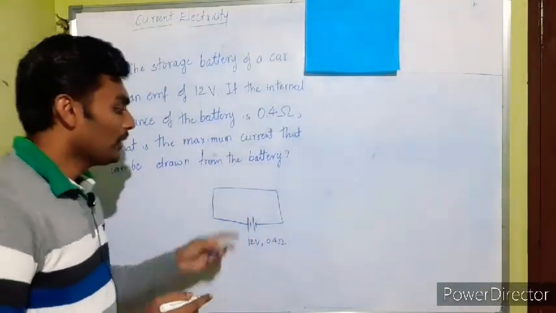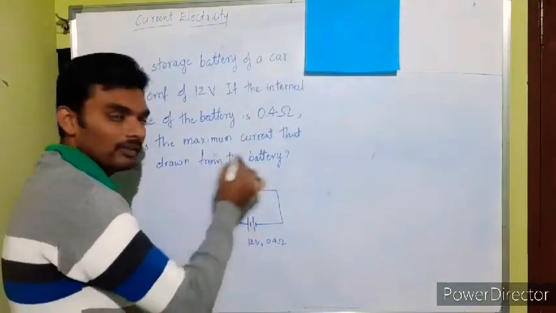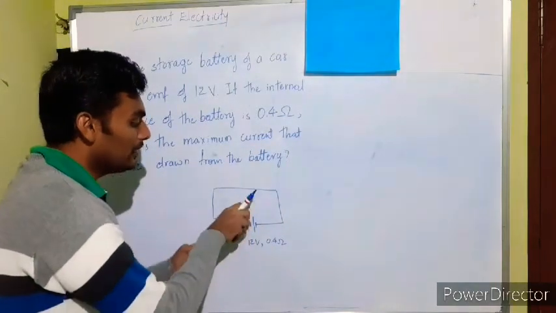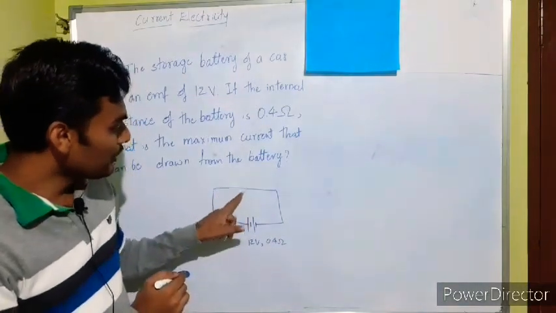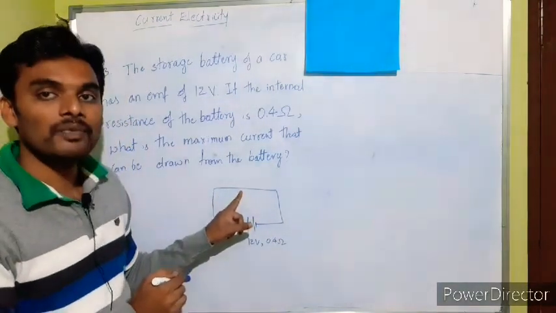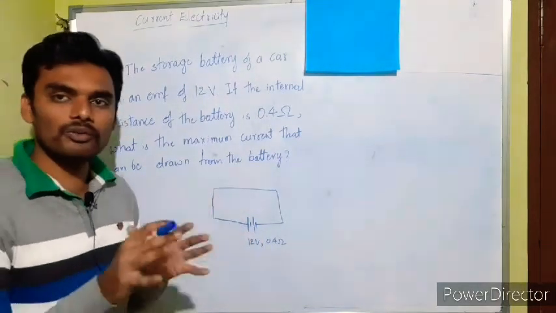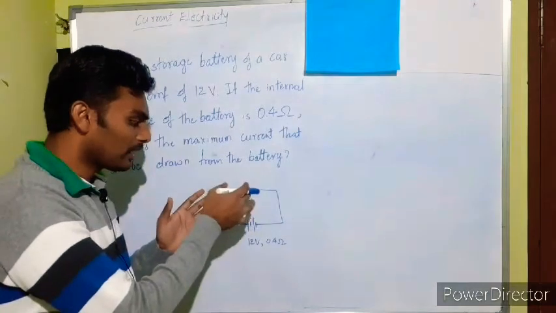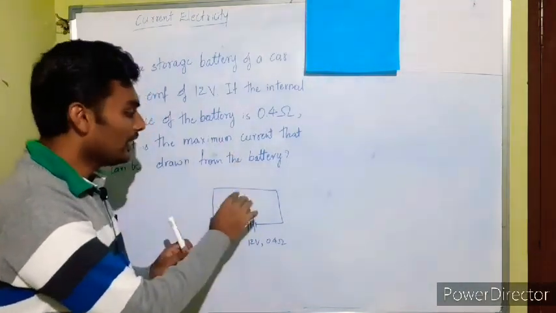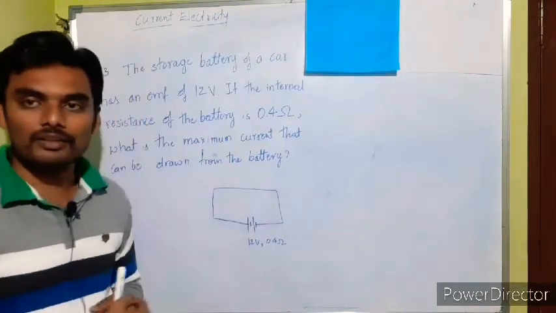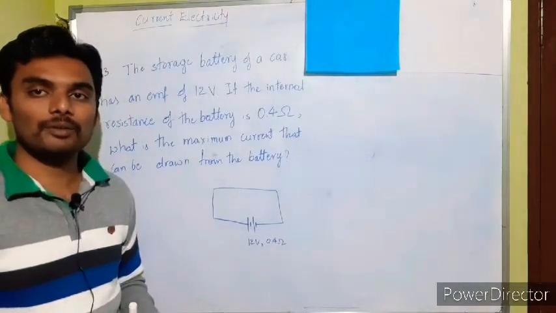When we have no resistance externally connected, we can get the maximum current, isn't it? Any resistance introduced externally will reduce the current in the circuit, because resistance always opposes the flow of current. If I do not have any external resistance in the circuit, then I can draw maximum current from the circuit.